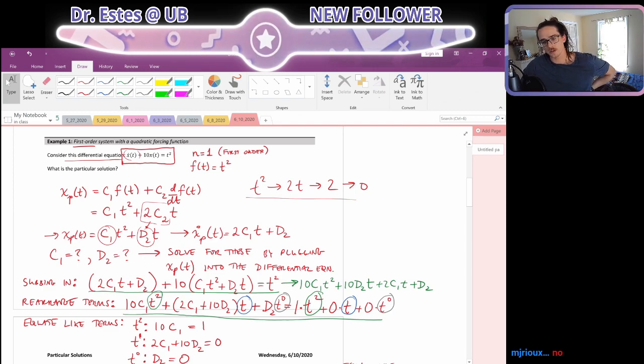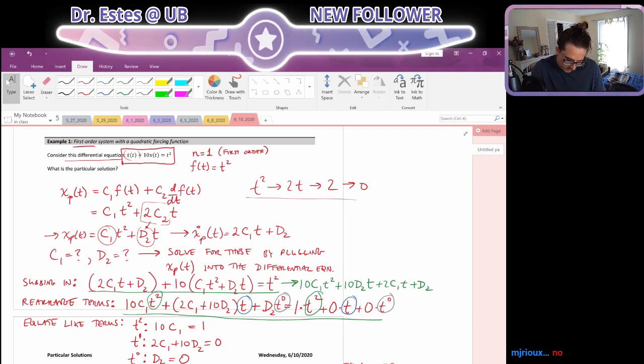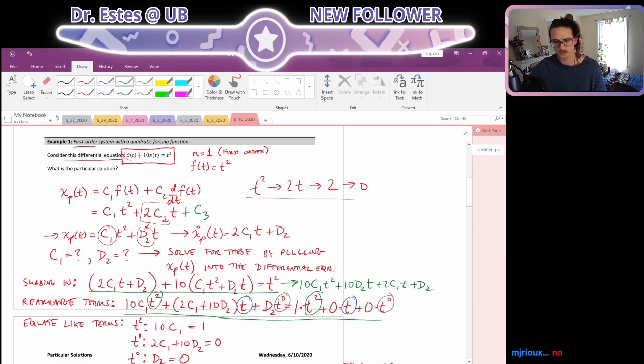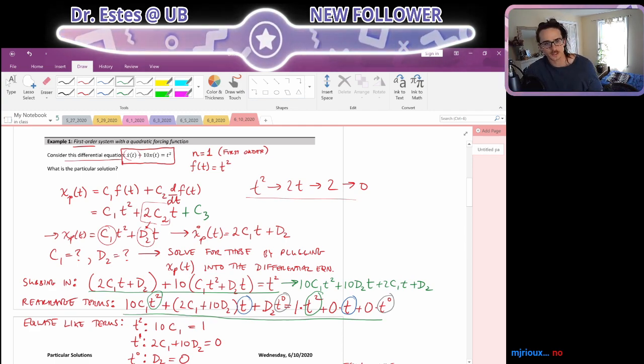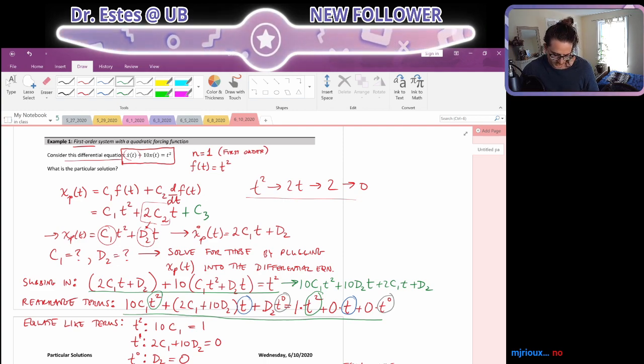Okay. I'm going to try something here. What I'm going to try is take another derivative of the particular. Remember in the definition I said only take derivatives up to the order of the differential equation? I'm starting to question that definition, so I just want to try this.